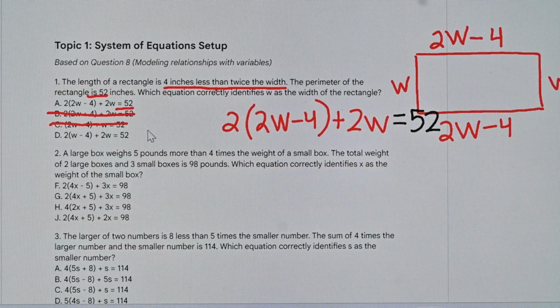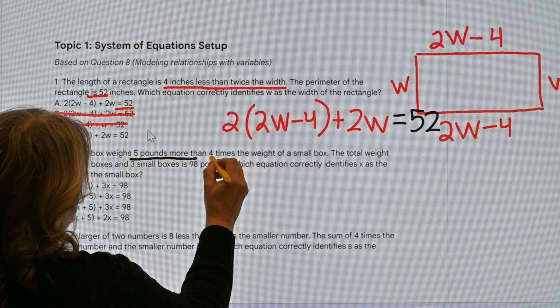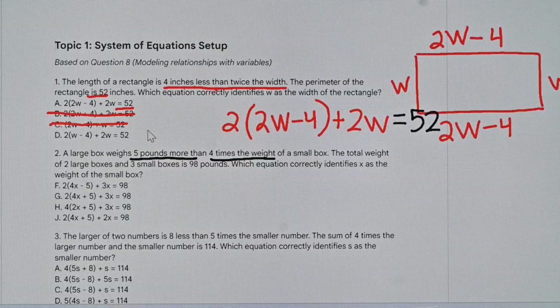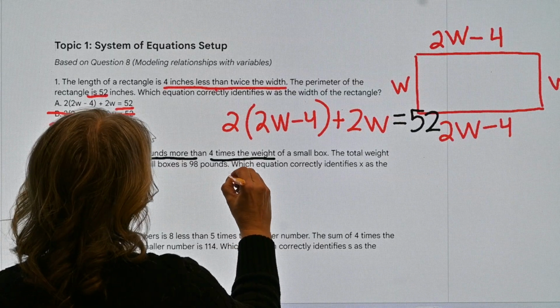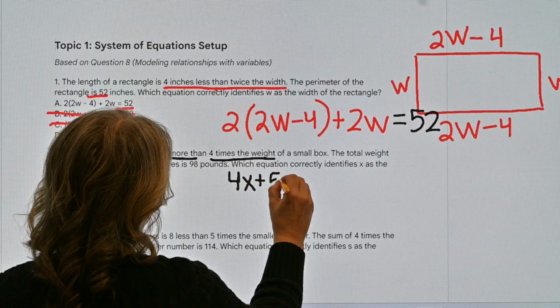Do you want to try another one of those, or would you like to go on to the next kind of problem? One more of those? Okay, so a large box weighs 5 pounds more than 4 times the weight of the small box. So that is going to be 4x plus 5.